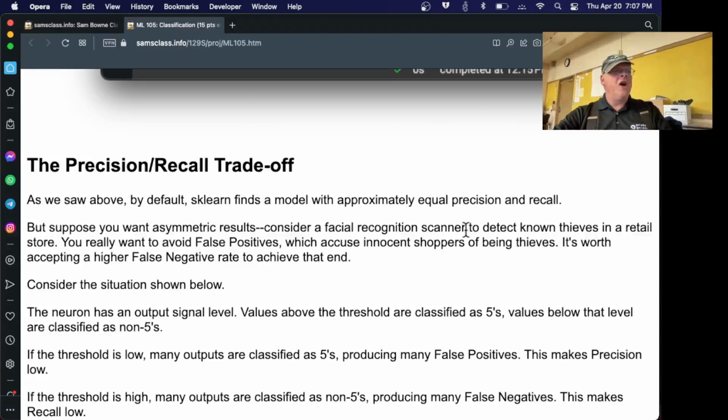So you really do not want false positives. You're probably willing to accept a higher rate of false negatives to make sure you don't get false positives. This is true of a lot of cases, for example, detecting spam emails. You really don't want to throw away the good emails. And detecting viruses, you really don't want to flag innocent files as viruses. So you very often don't want equal false positives and false negatives.